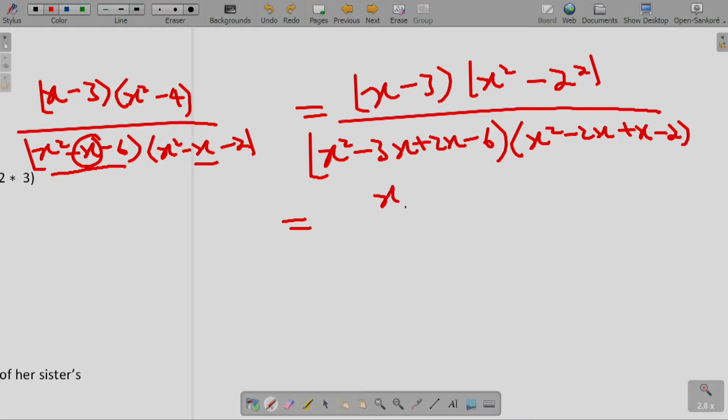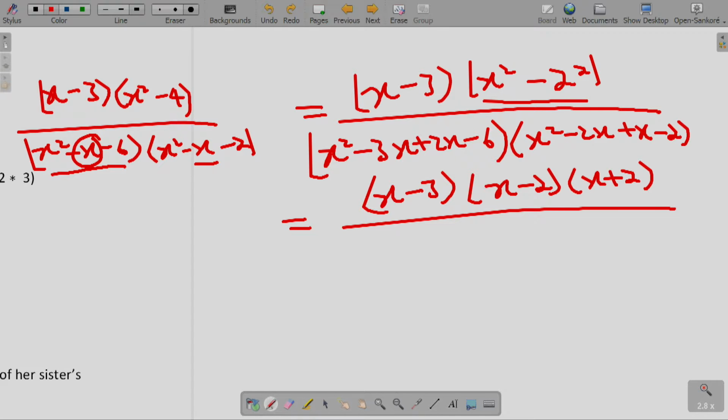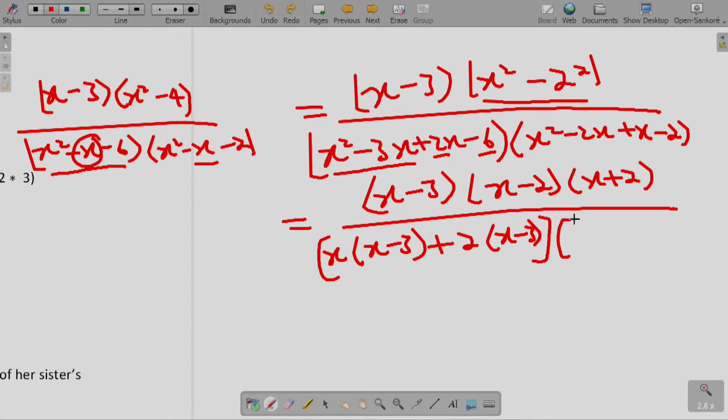This is equal to x minus 3. This is a difference of 2 square, x minus 2, x plus 2 over, here we take x common, so remain x minus 3 plus, and here we take 2 common, x minus 3, and here we take x common, remain x minus 2 plus x minus 2.